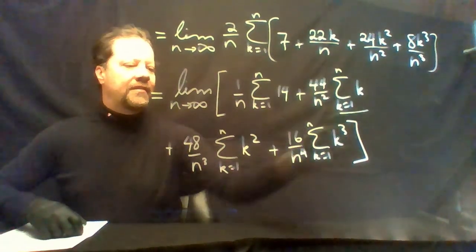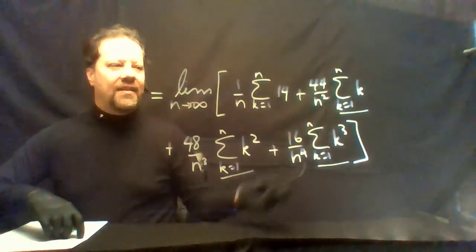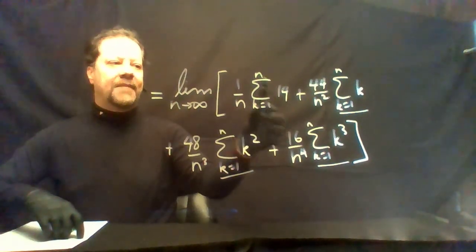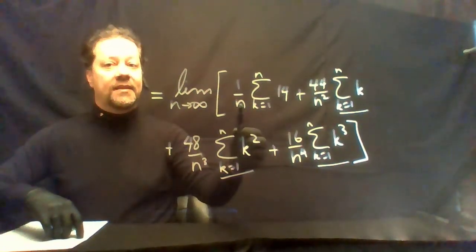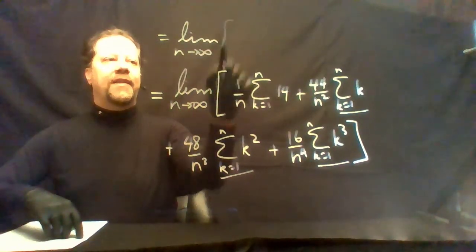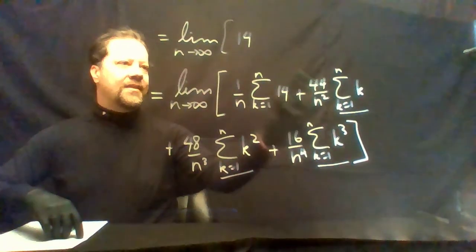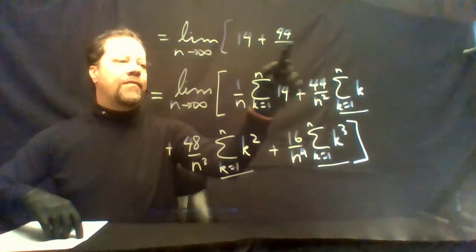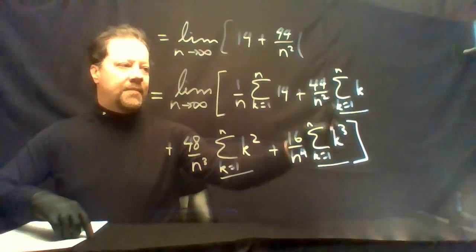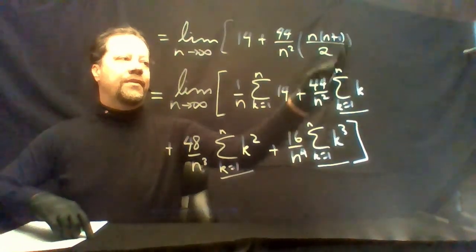We have 3 formulas that I have asked you to memorize. When we add a constant, 14, to itself n times, we get 14 times n. Times 1/n, we still have the limit as n goes to infinity, but all that's left on this first term is 14. On the second term, we'll have 44/n^2 times the formula for the sum as k goes from 1 to n of k, which is n(n+1)/2.